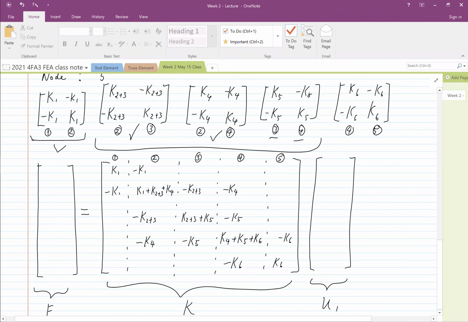And K4 looks after what? Node 2 and node 4. Correct? So I put the entry K4 here, and K4 here. Is that good?